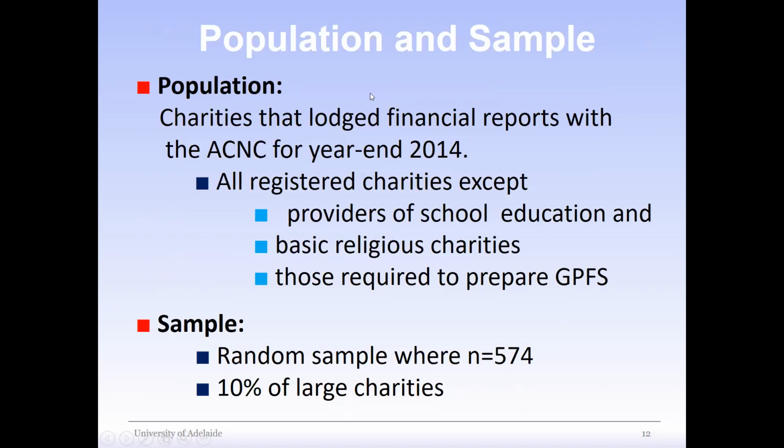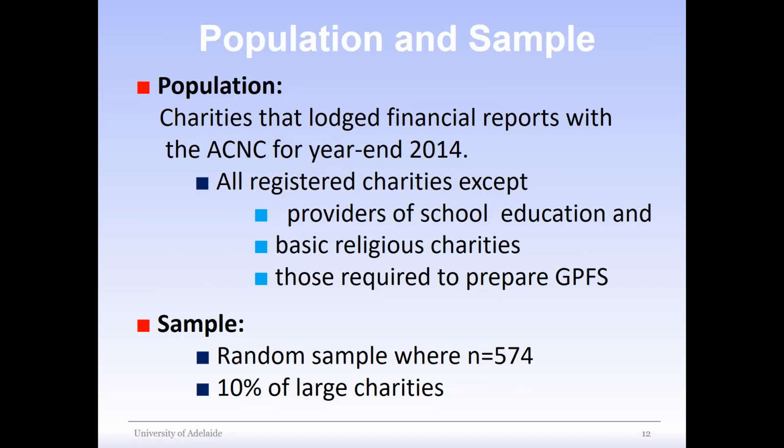So the population was charities that lodged financial reports with the ACNC in 2014. That was all registered large charities, that is, charities with total income greater than or equal to $1 million, except for providers of school education, because they were subject to some transitional exemption from lodging the reports.